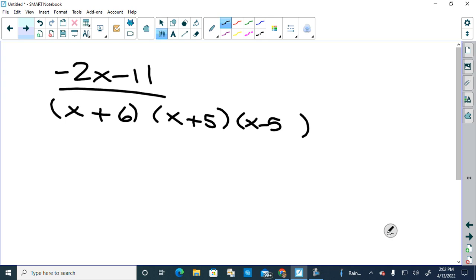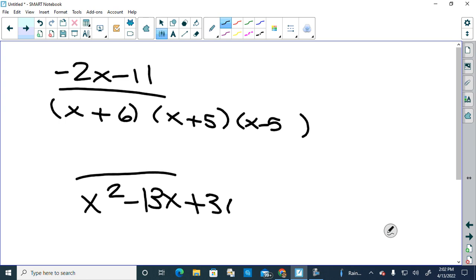22 is a negative 9x plus 39 on top. Okay, and then on the bottom, if it's put together, they have x squared minus 13x plus 36. And then broken apart, negative x, and 9 and 4.